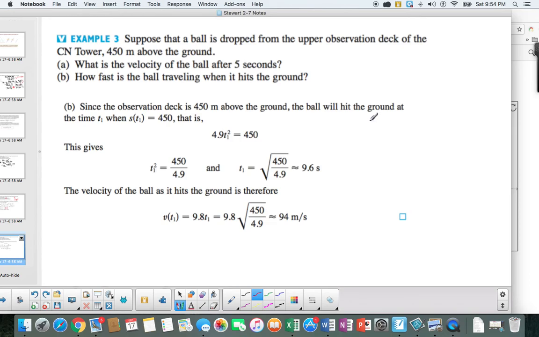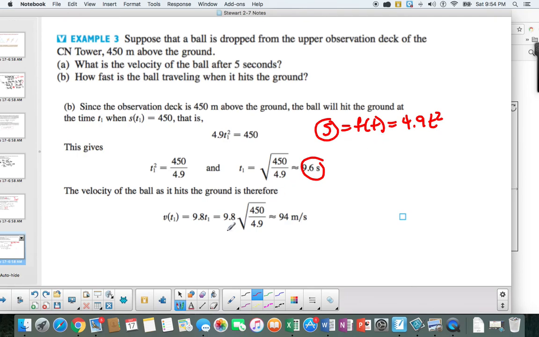Finding that time requires that we go back to our formula, s equals f of t equals 4.9 t squared, and we're going to put 450 right here in our s, and we're going to solve for t. And when we do that, we get about 9.6 seconds. So that's when the impact happens, when it hits the ground.